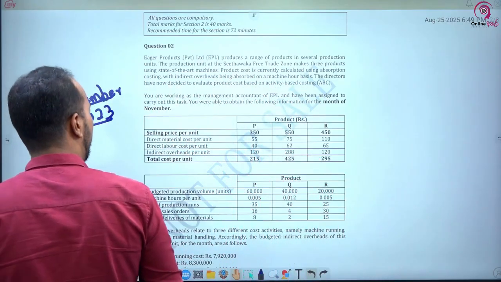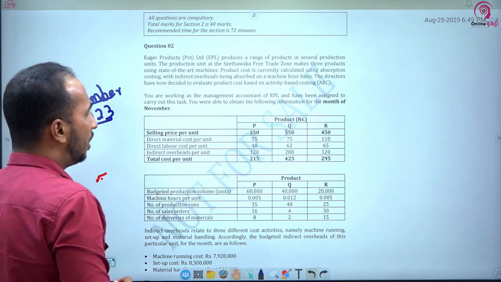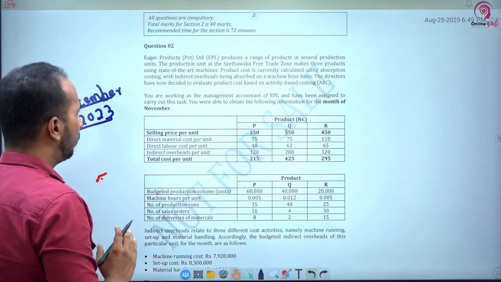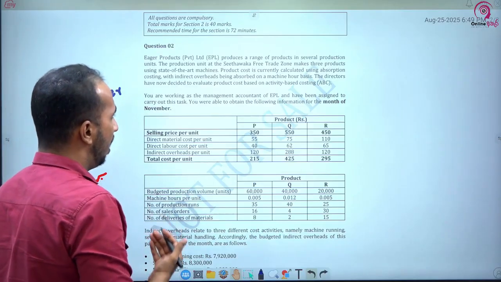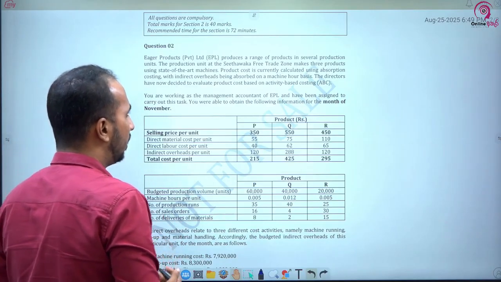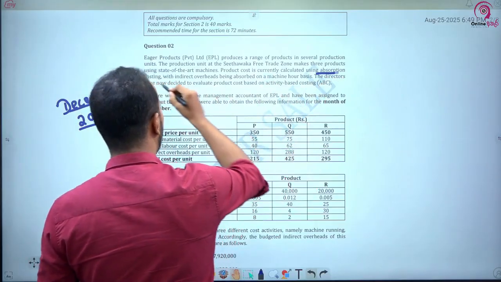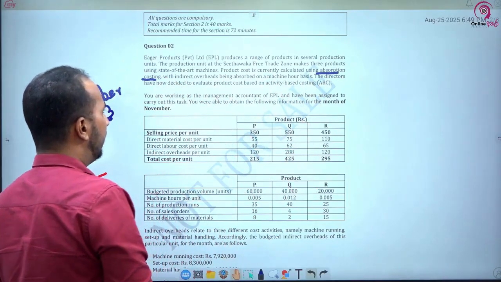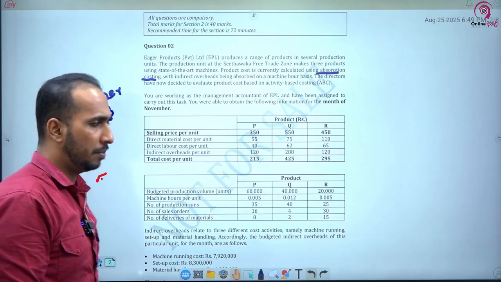In this case, they are telling us the production unit at the pre-trade zone makes 3 products using state-of-the-art machines, new technology. Product cost is currently calculated using absorption costing, with indirect overheads being absorbed on a machine hour basis.